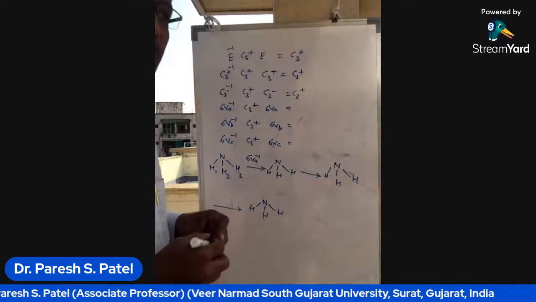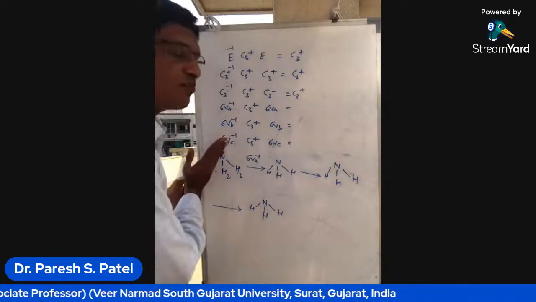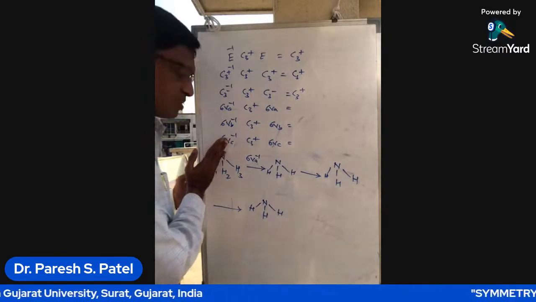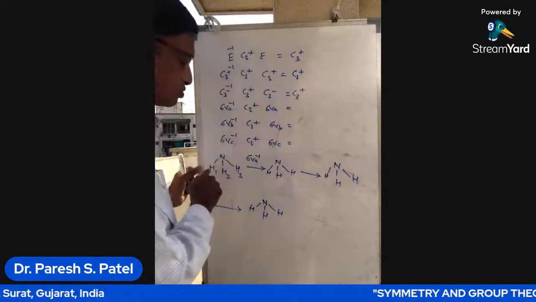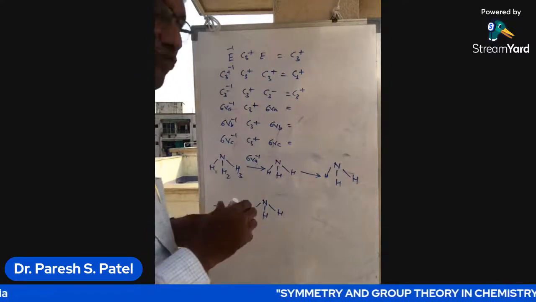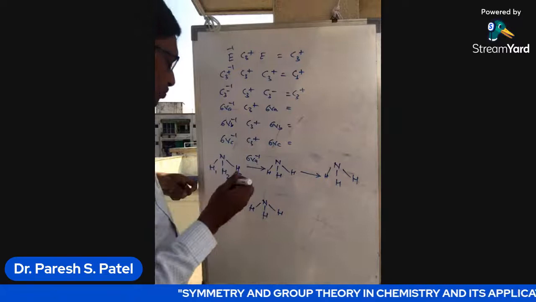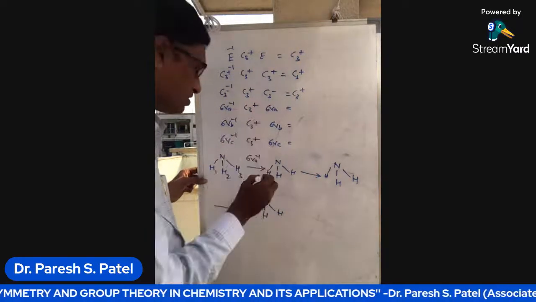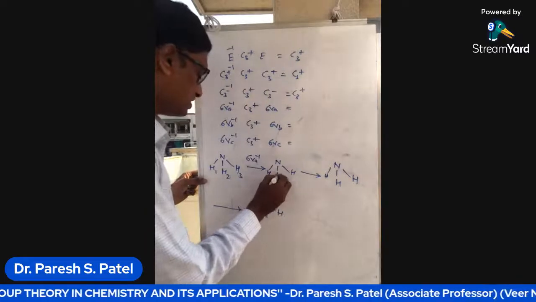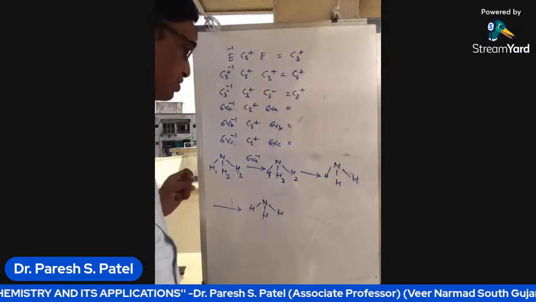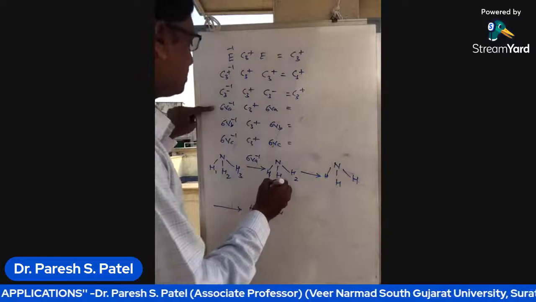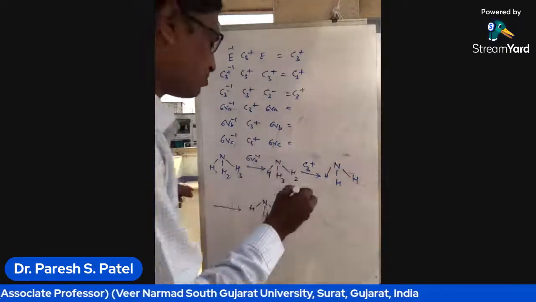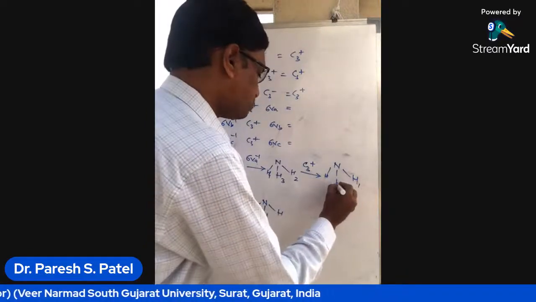Now what is sigma VA? We have to put a mirror on hydrogen 1. So there is no change in the position of hydrogen 1. Hydrogen 2 and 3 will be interchanged. So sigma VA inverse will be the same. Hydrogen 1 remains as it is, 3 and 2 are interchanged. Then C3 plus, so we have to go for one time clockwise rotation. So 1, 2 and 3.